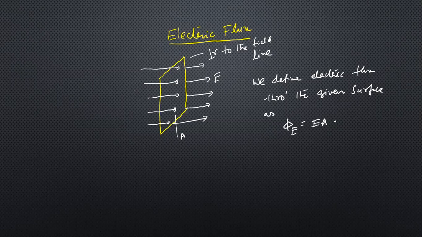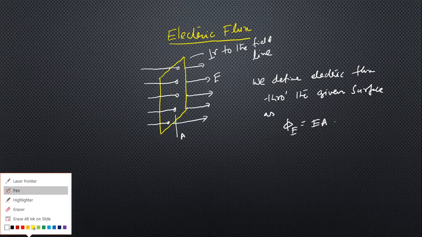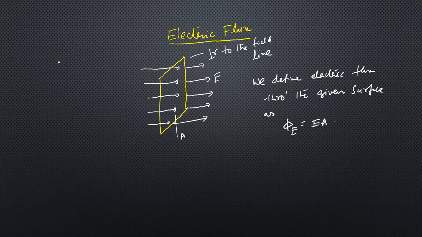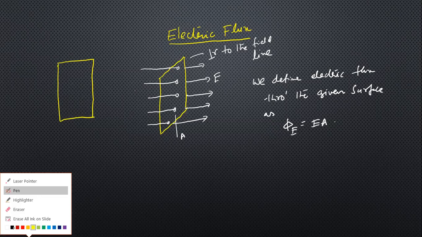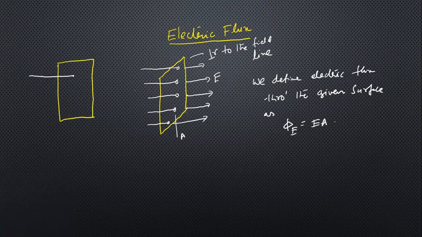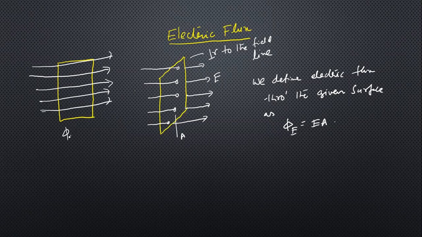But for example, in a particular case, if there's a surface like this and field lines are parallel to it, flux is 0.